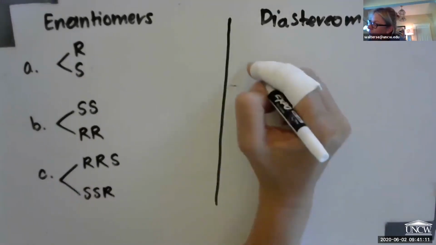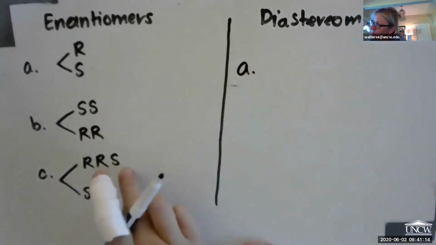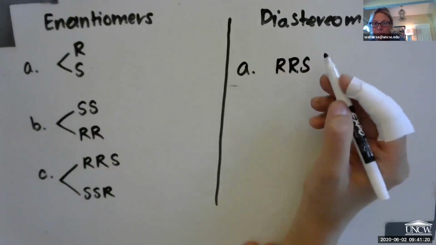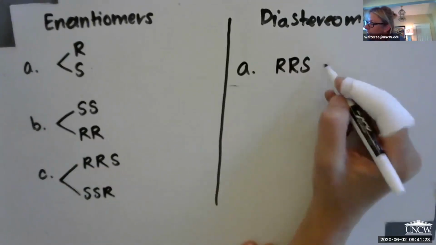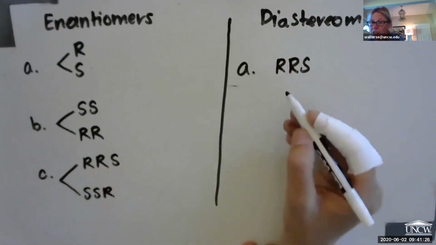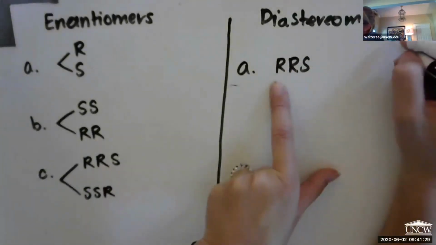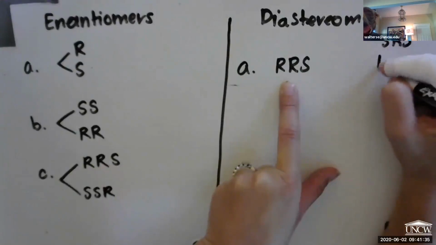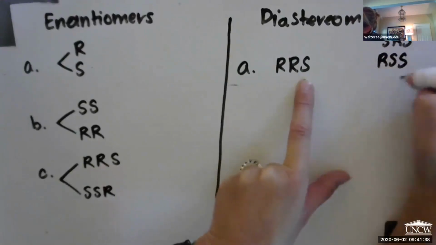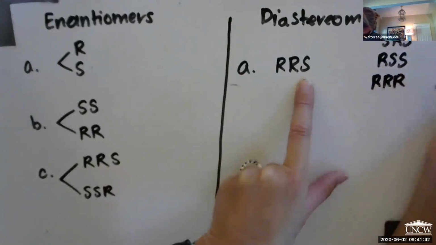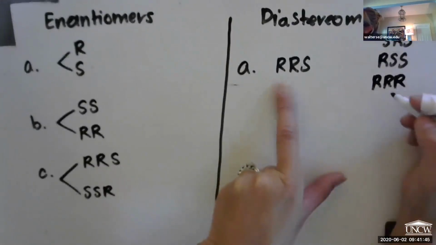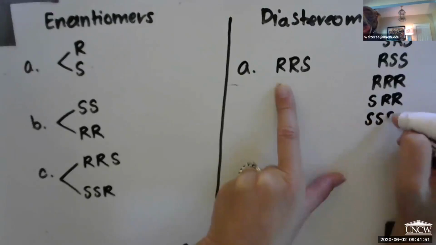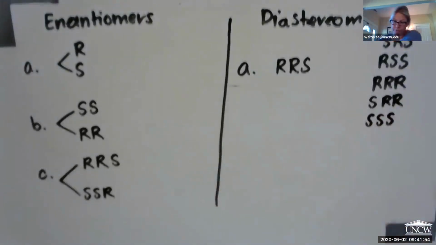Now, if you take your RRS molecule, okay, the list of diastereomers is going to be much larger, okay, because you can be opposite just here, like S, R, S. You could be opposite just here, R, S, S, opposite just here, R, R, R. You could be opposite at 2, S, R, R, S, S, S. The list is long.